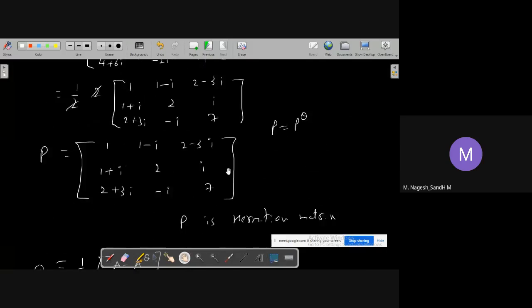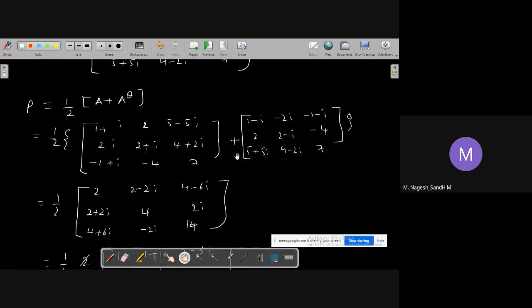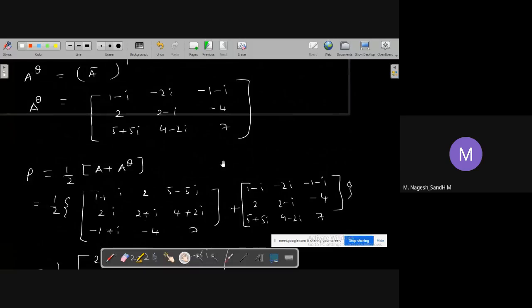Just now we calculated it. Can you remember this one? 1 minus i, minus 2i, minus 1 minus i, 2, 2 minus i, minus 4, 5 plus 5i, 4 minus 2i, 7.